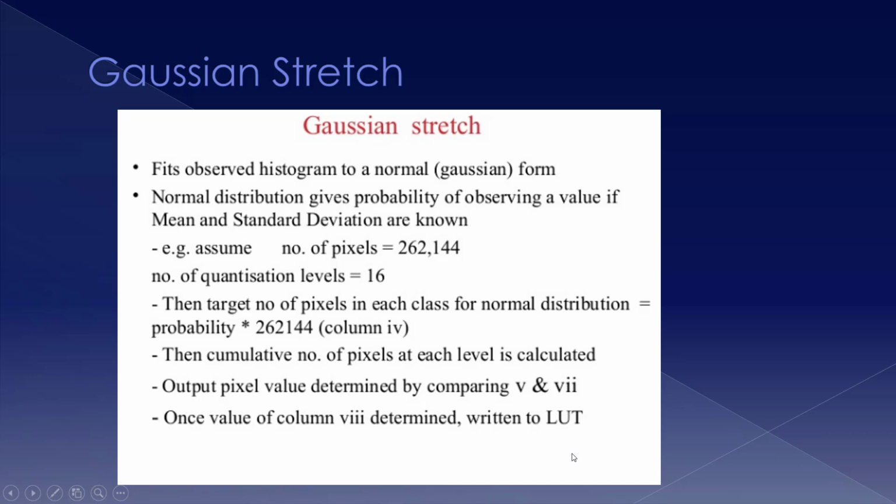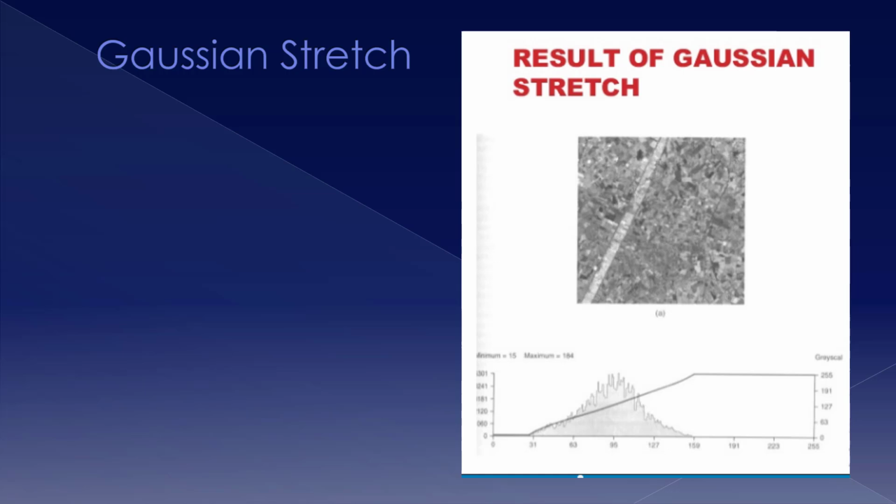Once a value of a column is determined, it is written to a lookup table. So here's the result of a Gaussian stretch. You can see that the curve, the black line, is representing the process of the Gaussian stretch.